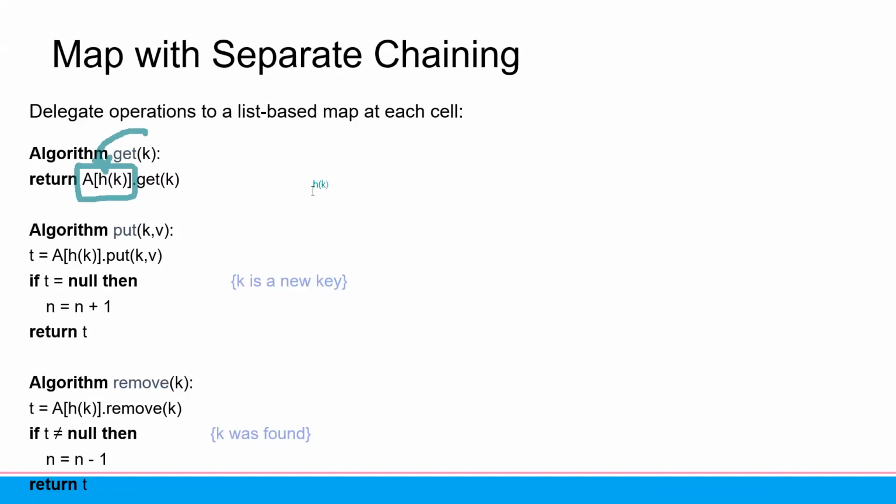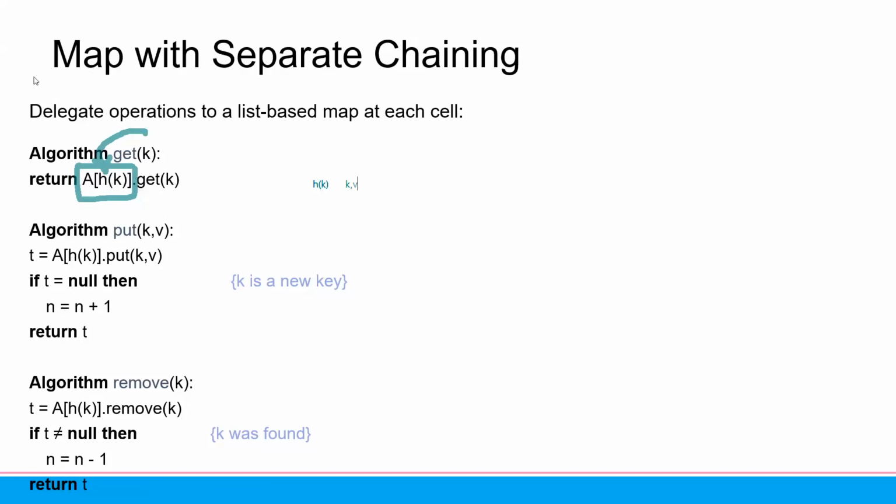So I put one object. We know that an object is always (k, v). So I have the key, and then I change the key with the hash function, and then I have an integer, and the integer value will be the index in the array. So that's why I have A[h(k)].get(k).